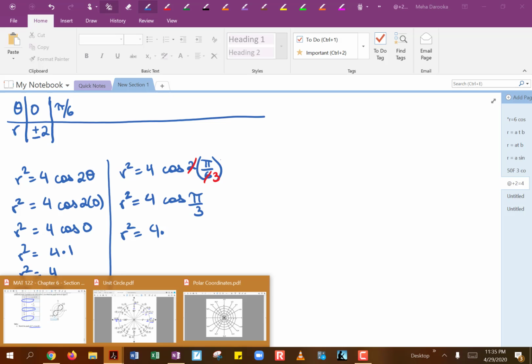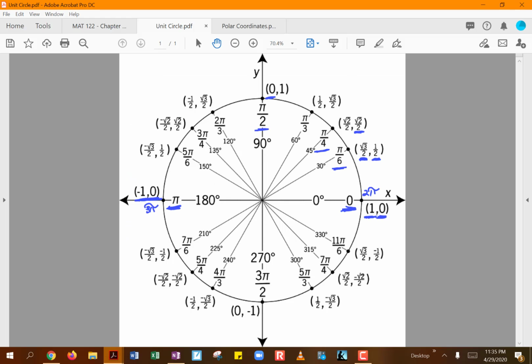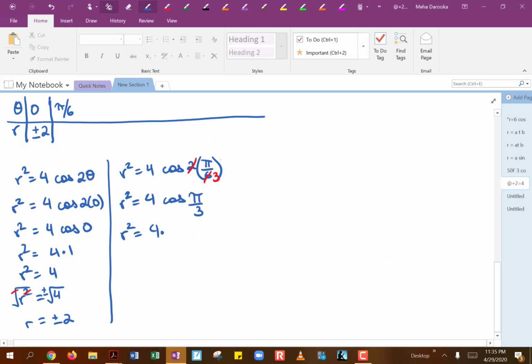And let's see, what is cosine of pi over 3? Cosine is going to be 1 half. And again, guys, that 2 will go into 4 twice. So we will end up getting r squared equals 2. Take a square root on both sides, plus or minus as our root, and you end up getting r equals plus or minus square root of 2.